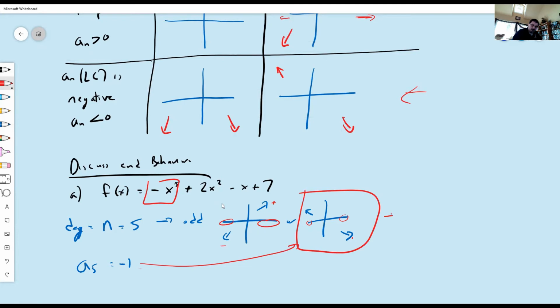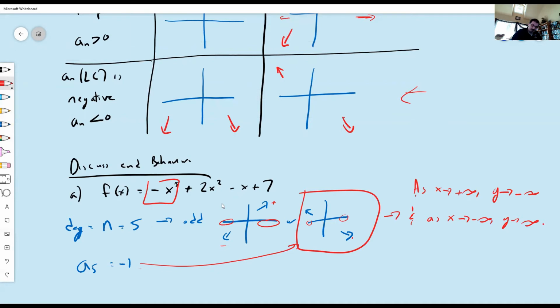You might say, if you want words, if you want to be fancy, as x approaches plus infinity, y goes to minus infinity. And as x approaches minus infinity, y approaches positive infinity. That's the fancy way of saying it.